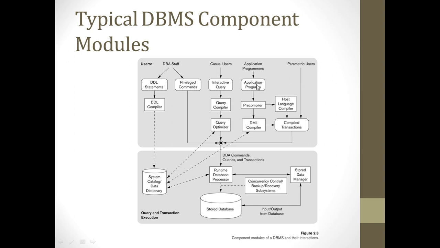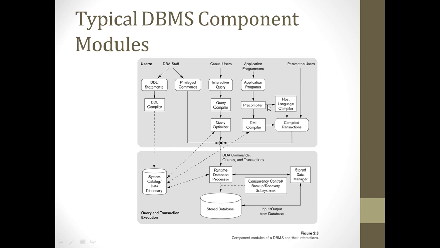Application programmers, they have the programs. They run a pre-compiler, and then the DML compiler comes into the scene. The queries are then becoming compiled transactions, and then after that they pass through the processor, and then the changes are done in the database.